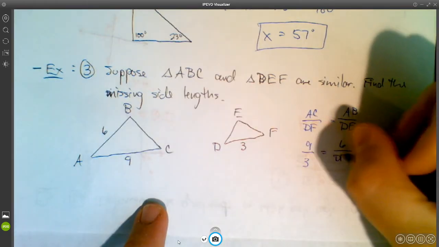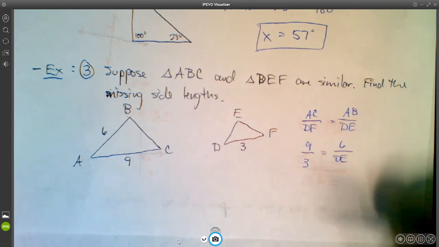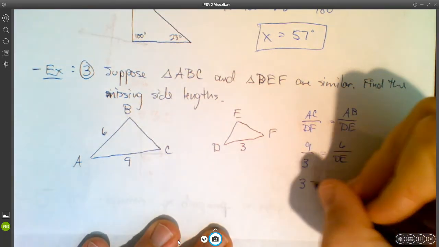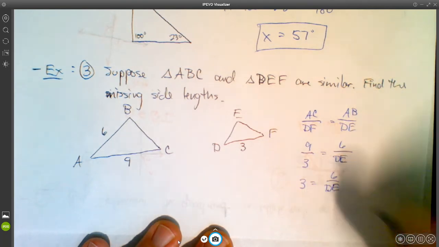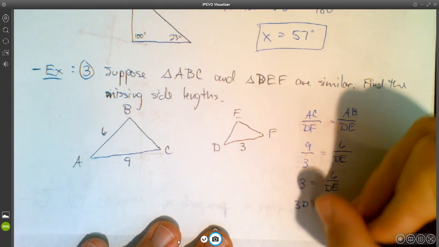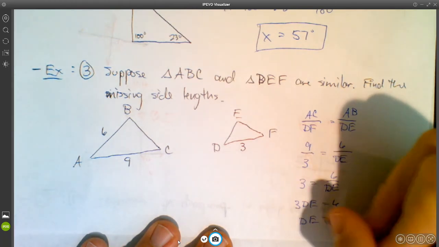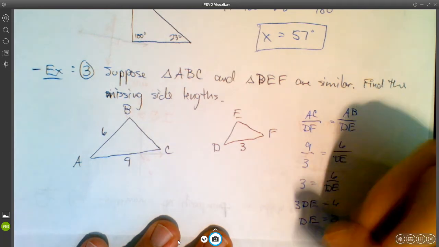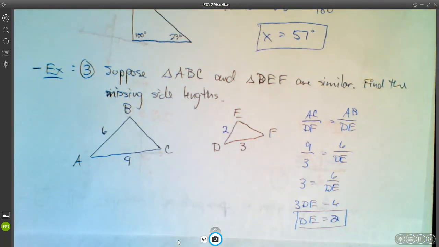We'll just leave it DE. 9 divided by 3 is 3. I can multiply both sides by DE and then divide by 3. So I'm going to say 3DE equals 6. So DE equals 6 divided by 3, which is 2. So DE is 2. So we've got that one now.